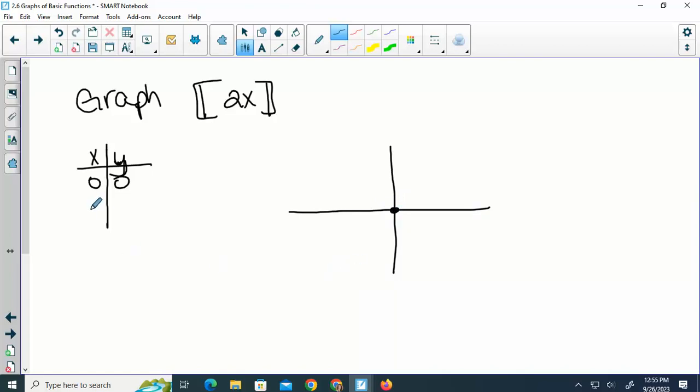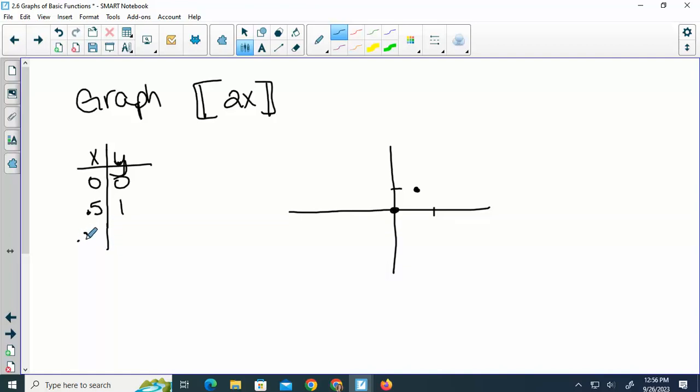All right. What happens if I put in 0.5? 2 times 0.5 is 1, and the greatest integer of 1 is 1. So 0.5 is already giving me 1, and that turned out to be an integer exactly. So that means I've kind of missed something here.